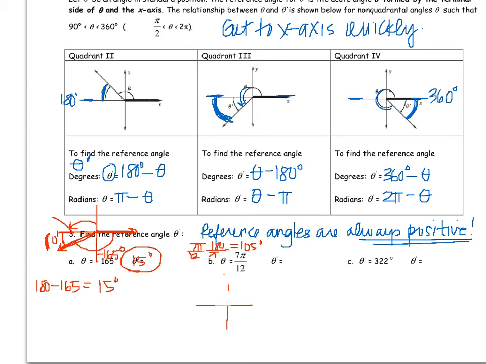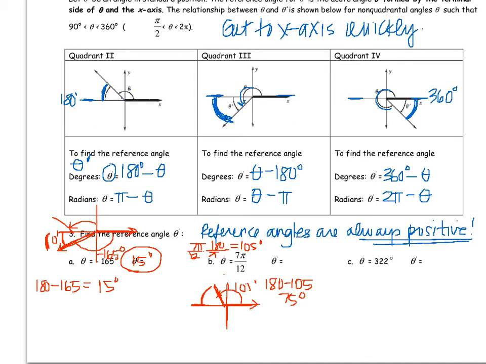Let me get rid of this piece. 105 is like here. So here's my 105. Is it quicker to go to the negative x-axis, or is it quicker to go backwards? I think you'll find the positive. So in order to do that, we take 180 minus 105, and you get 75 degrees.